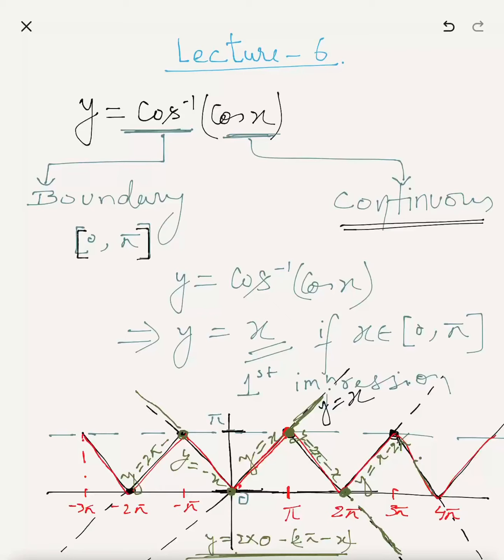So now it will become 2 pi plus x. I hope you understand how I am drawing the graph and how I am writing the equation of each branch. So that you can understand, from 0 to pi your equation is y equals x. From pi to 2 pi your equation of cos inverse cos x will be 2 pi minus x.